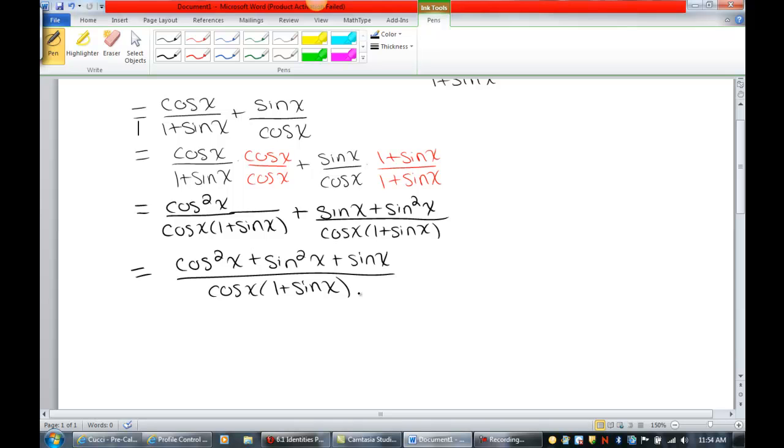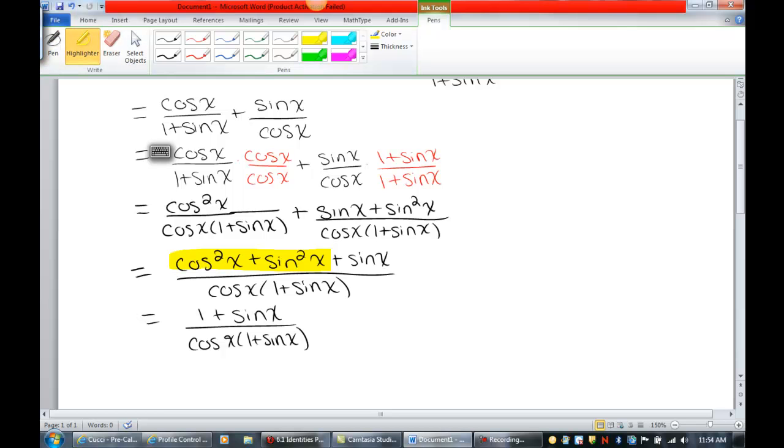Okay, so something should be jumping out at you here. Hopefully you saw this and thought, that's the Pythagorean identity, I know what that is. Cosine squared x plus sine squared x is equal to 1. So I can adjust that to 1 plus sine x. Okay.